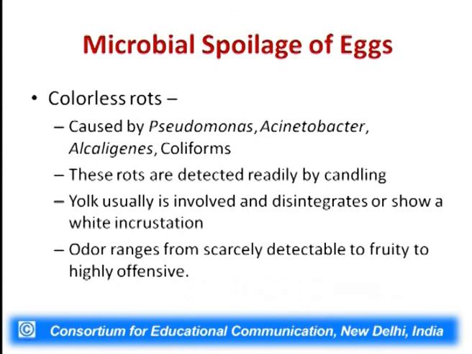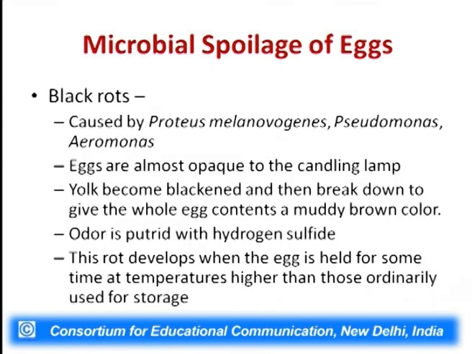Colorless rots are also caused by Pseudomonas and Acinetobacter. These rots are detected by candling, and odor is scarcely detectable in these. Black rots are caused by Proteus species and Pseudomonas. In these rots, yolk becomes blackened and breaks down, and the whole egg contents have a muddy brown color.